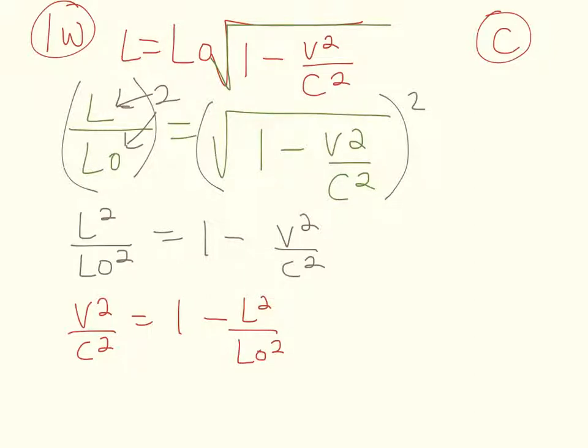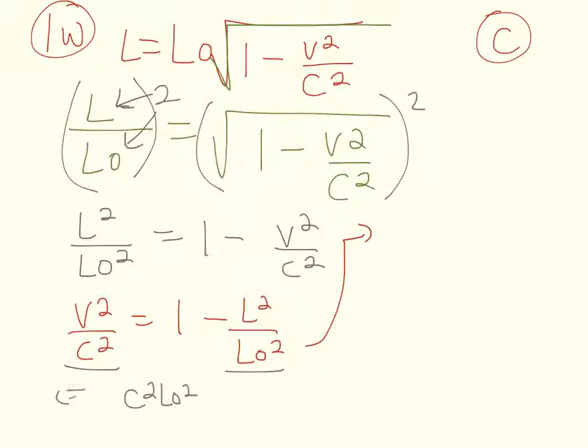From here, we can get rid of the denominators if you want, or you can again combine your fractions. Either way, you will have to get rid of your denominators because the variable that you are solving for is in the denominator. So I'm just going to move this up here. A common factor that we have between C squared and L naught squared is C squared L naught squared.